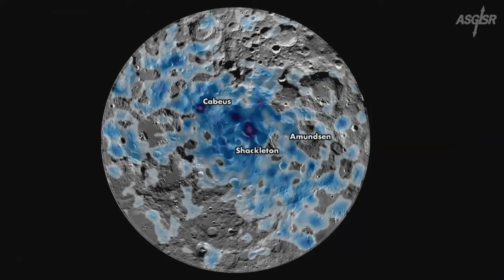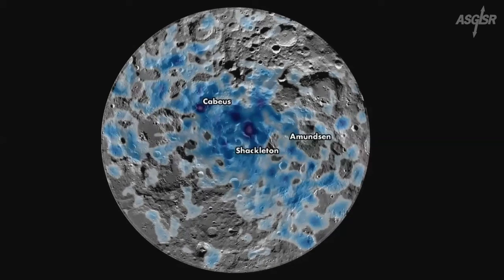What's in these permanently shadowed craters has been teased out by a variety of instruments that look at impacts from cosmic rays and then the resulting material that comes back, neutron albedo in particular, so that we can map where a significant amount of water is residing.